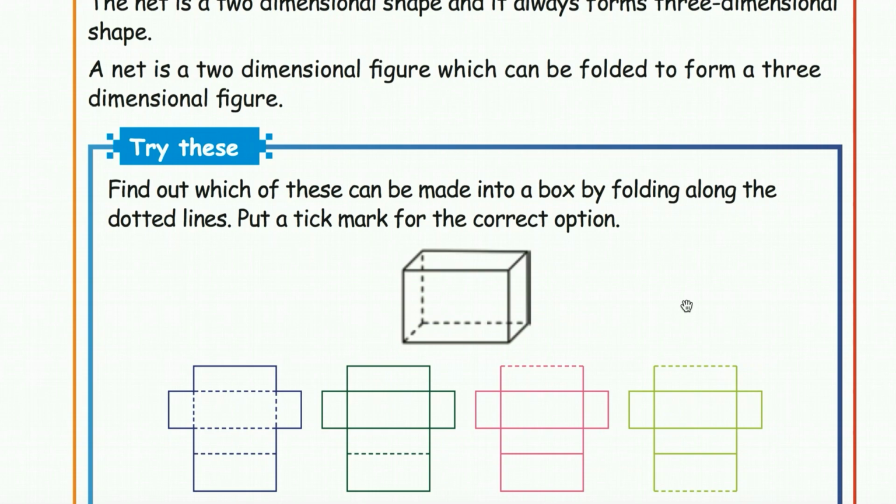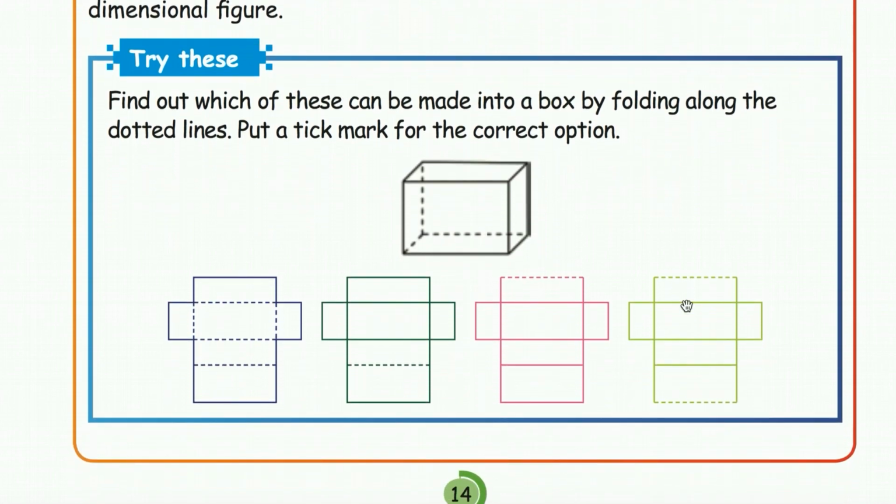Find out which of these can be made into a box by folding along the dotted lines. Put a tick mark for the correct option.